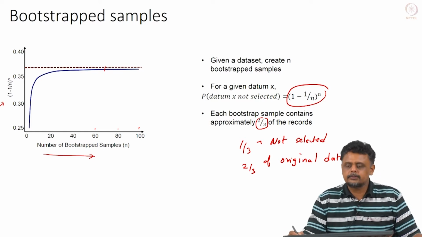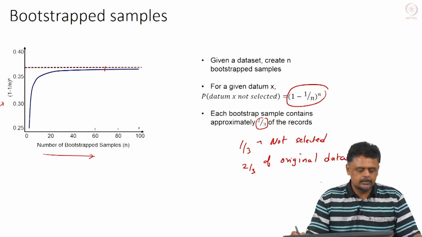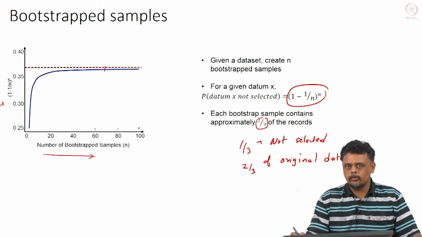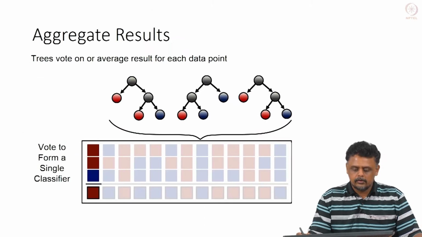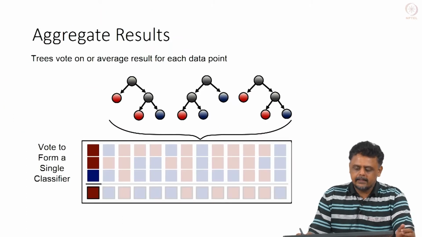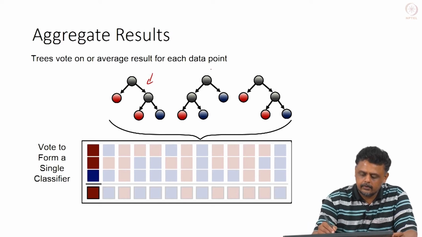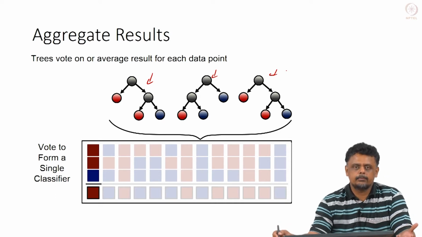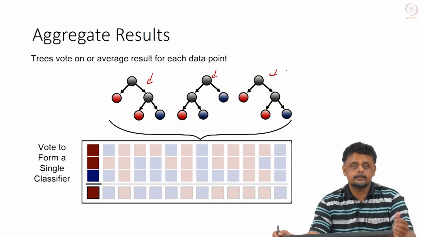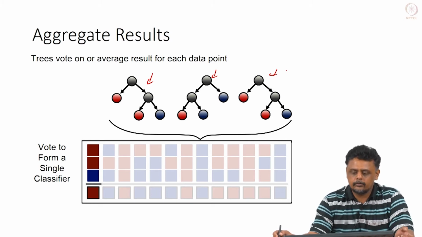We will exploit this fact to do error estimation later on, but we will just see how we can go about using these bootstrap samples for training decision trees and obtaining an output. So, in this illustration, we have multiple trees, and each of those trees is trained on one of the bootstrap data sets, and there is an output corresponding to each of those trees.